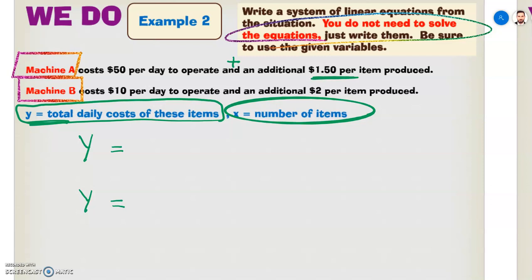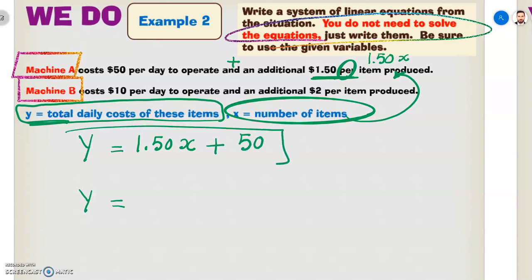I have $1.50 per item, which means 1.50 times X, because X is the number of items, plus an additional $50. This is equation number 1.